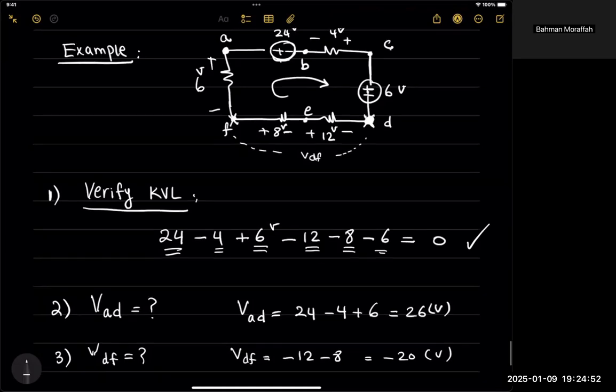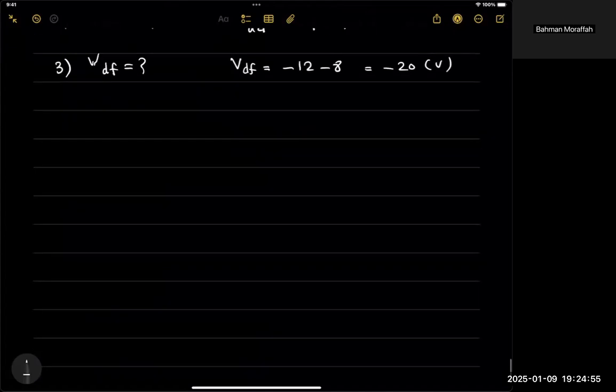Let's do a few more examples. Example. Let's make it a little bit more interesting and see how it works. So let's say I'm given this circuit. This is 12 milliamps.